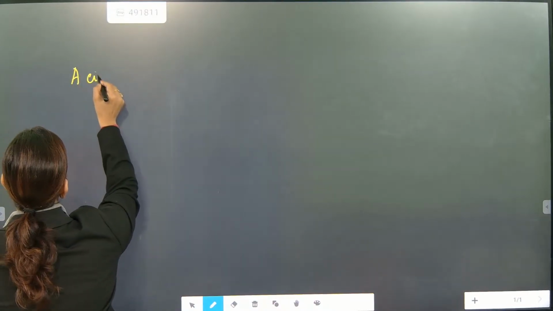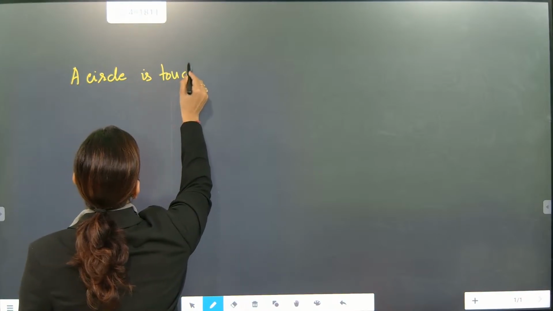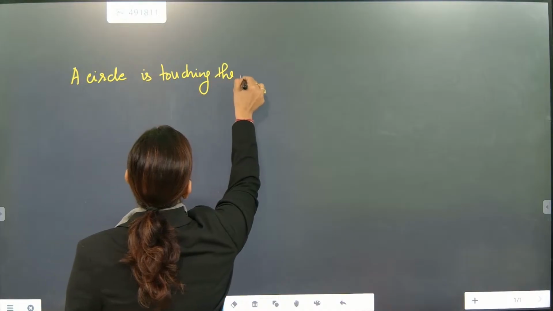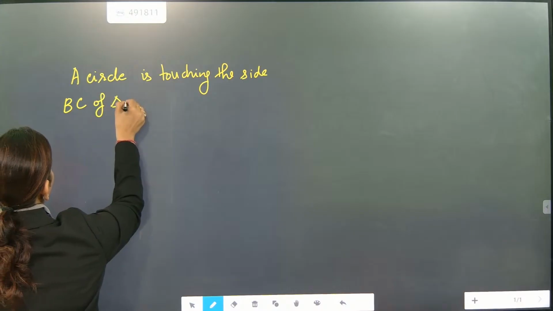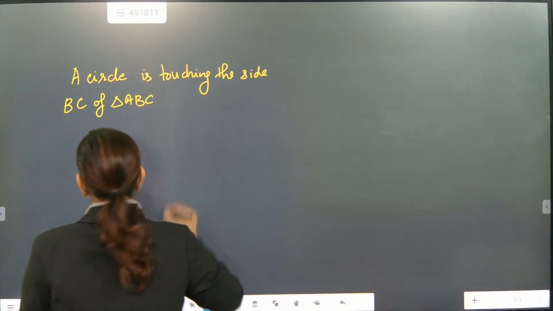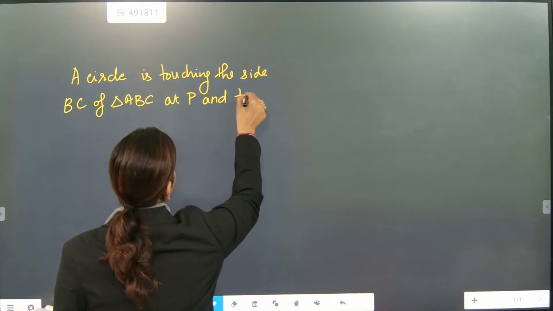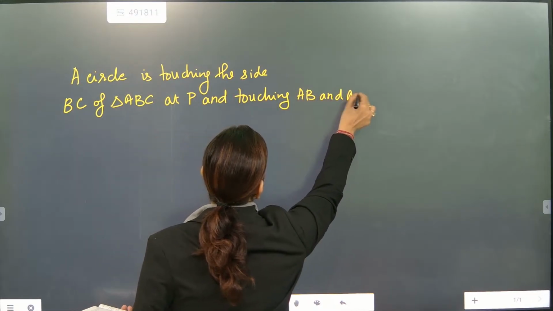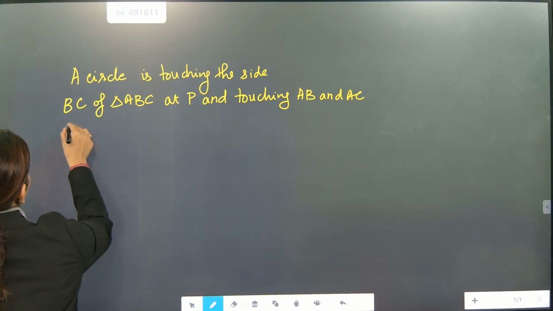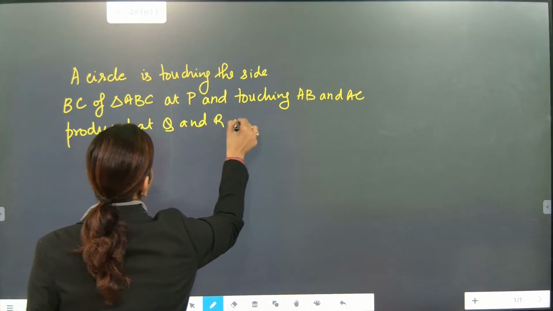A circle is touching the side BC of triangle ABC at B, and touching AB and AC produced at Q and R respectively.